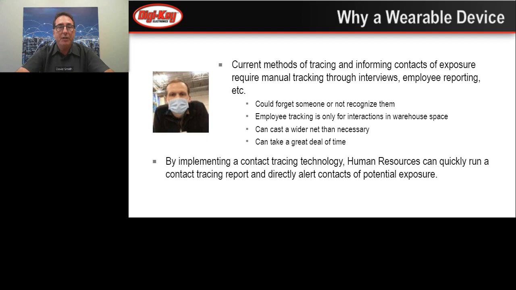And if someone tests positive for COVID, time is not something you have a lot of. You need to do contact tracing very rapidly, very quickly, get the appropriate employees quarantined, and the rest hopefully back safely at work. So they needed to implement a system to keep their employees at work as safely as possible.